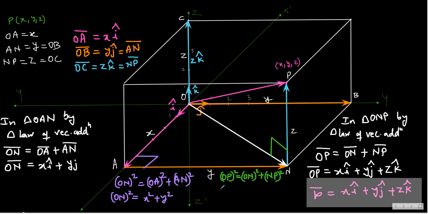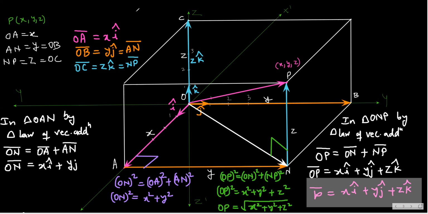What is ON square? We have already found, this is x square plus y square. And what is NP square? NP is z, so you have z square. So what is OP equal to? OP equals square root of x square plus y square plus z square.